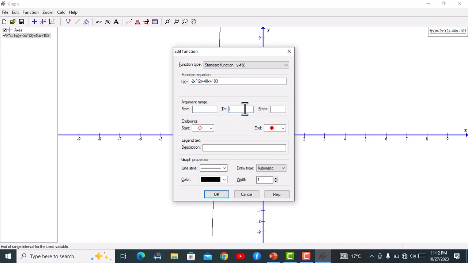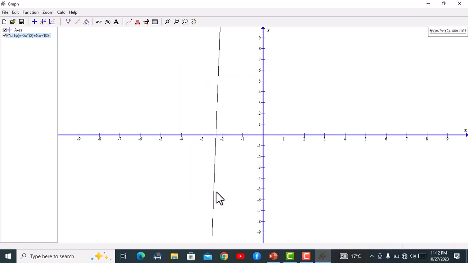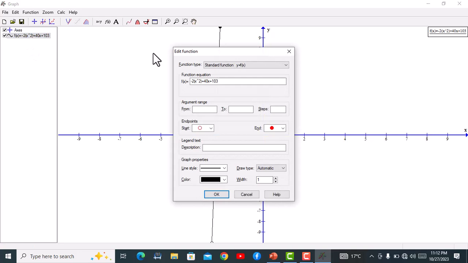And okay, let me just remove the interval. Okay, let me just do this. And let me redraw and check. No, it is never and ever supposed to be like that. -2x squared.